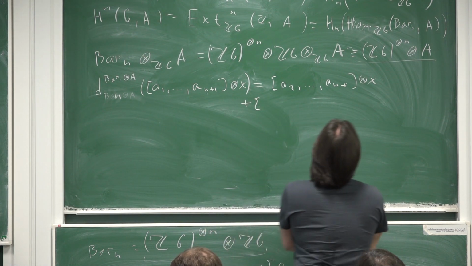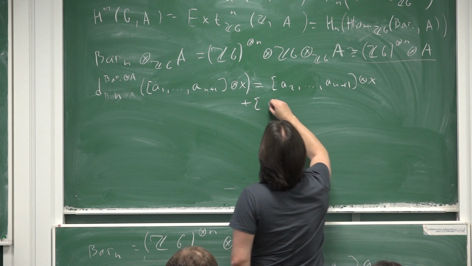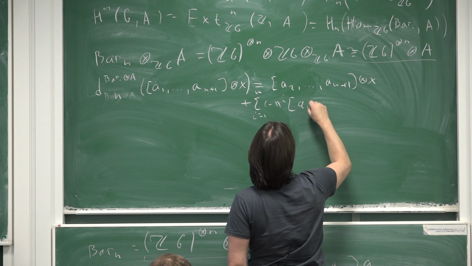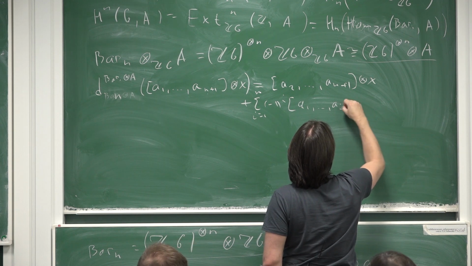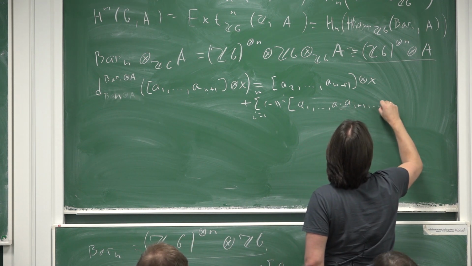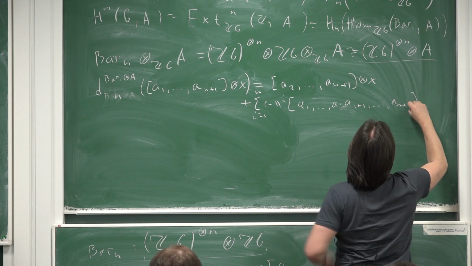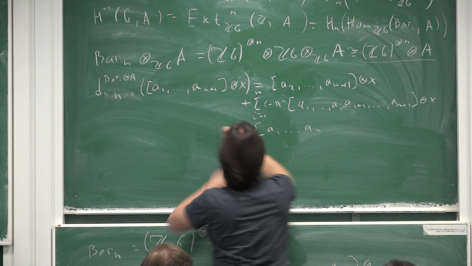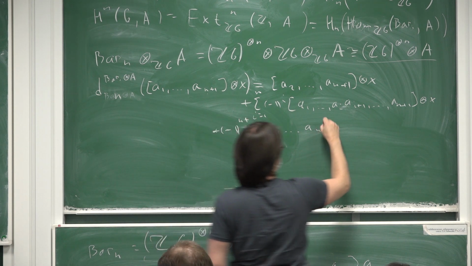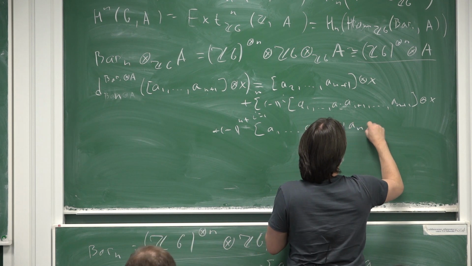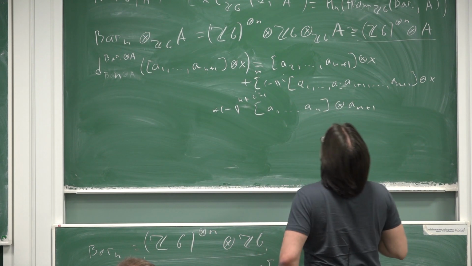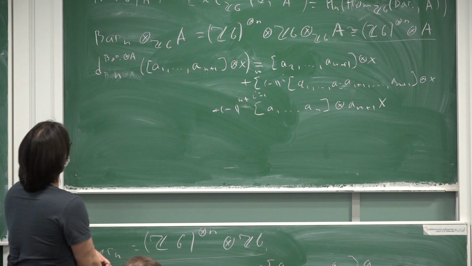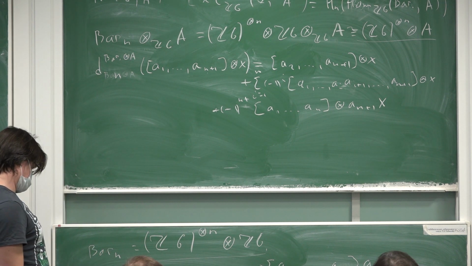sum for i from 1 to n minus 1 with ith power a1, so on, a_i times a_{i+1}, so on, a_{n+1}, tensor x, plus (-1) to the n power a1, so on, an tensor a_{n+1} x.